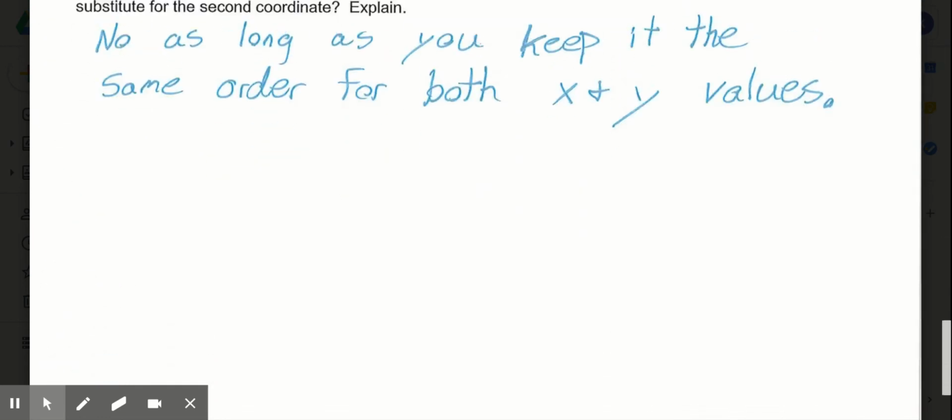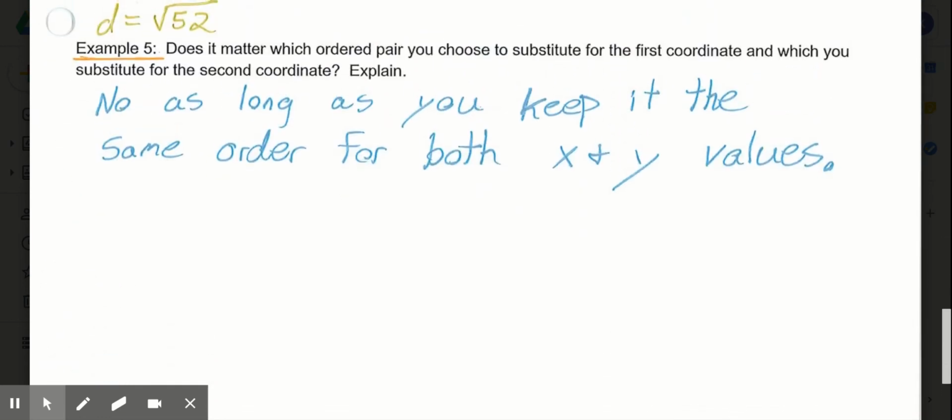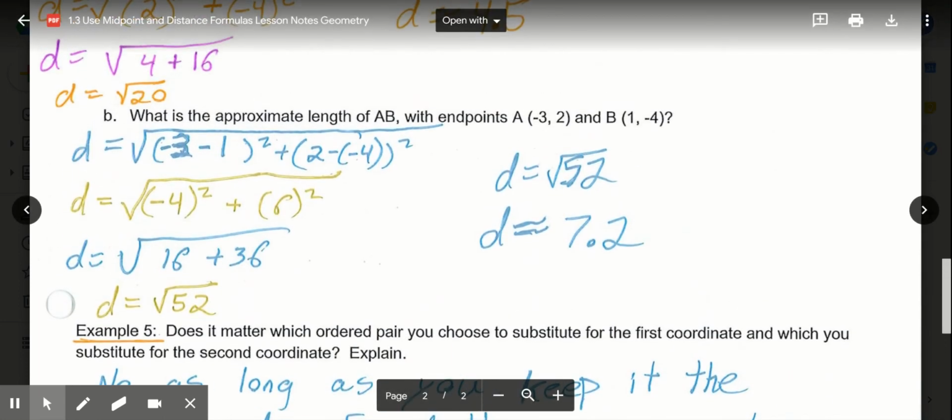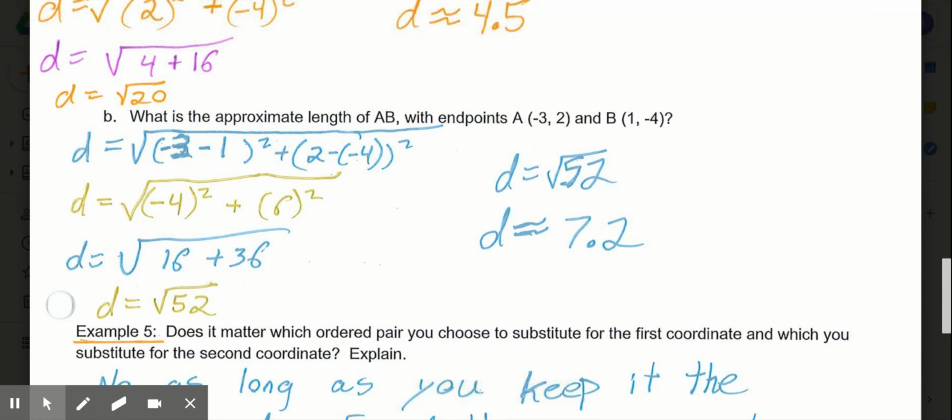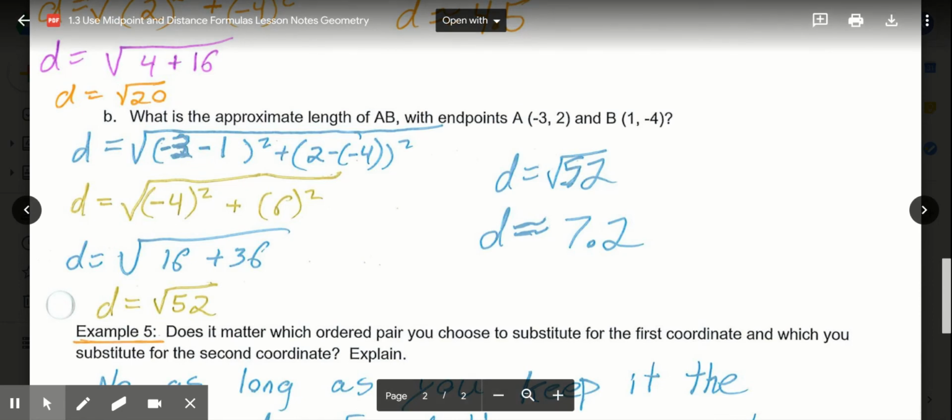And just like I said, no, it does not matter as long as you keep the same order for both the x and y values. So again, if I started with our coordinate from A for the x, then for the y, I also have to start with the value from point A. Can't switch it to B and flip it for the other.